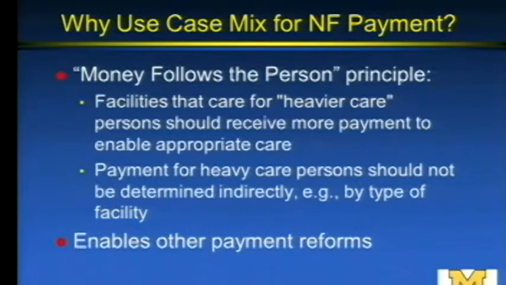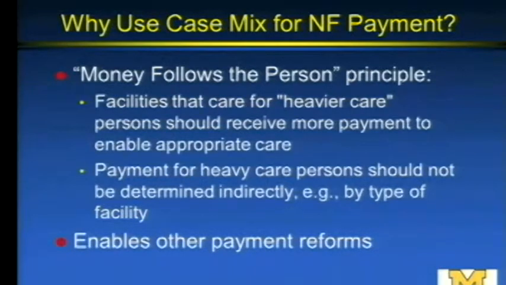And that payment can't be indirectly determined. An example of that would be a facility that takes a heavier care population, and then it'll be until next year before that population increases their costs, which are then built into next year's rate. It doesn't make sense to do it indirectly.